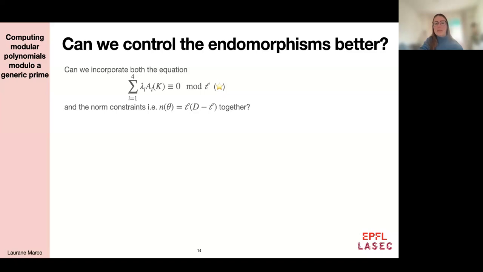So then we're like, okay, what about we incorporate this equation into the norm constraint somehow? So we want to verify these two things at the same time. And we're like, okay, how do we generate endomorphisms of a given norm? It's using this represent integer or full represent integer algorithm.